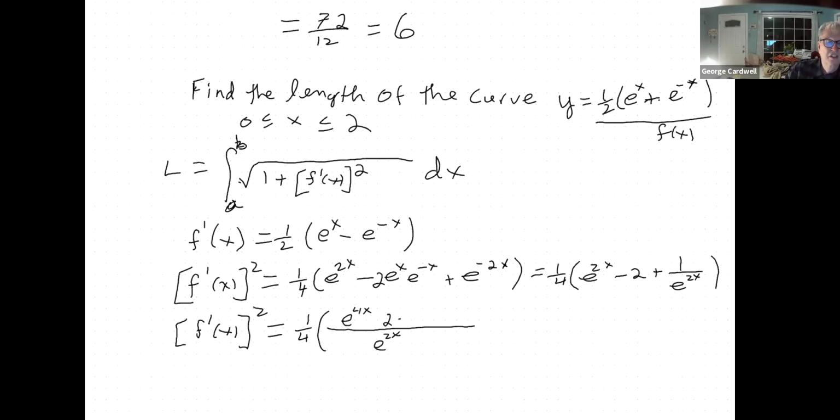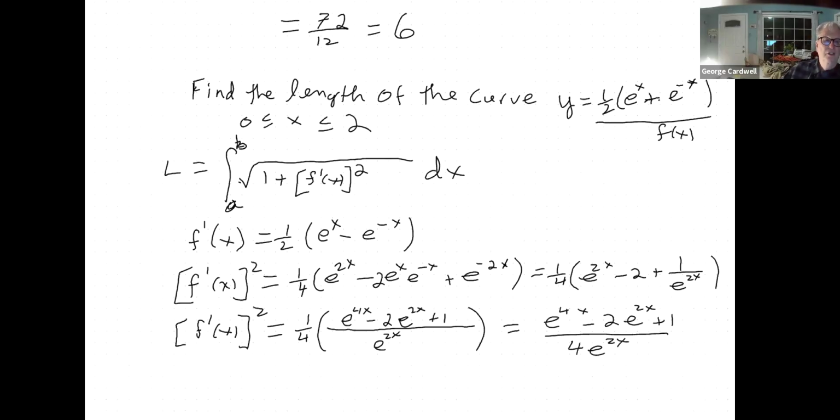Minus 2 e to the 2x, plus 1, and that one I didn't have to change. If I multiply this by 1/4, I get all of it over 4 e to the 2x.